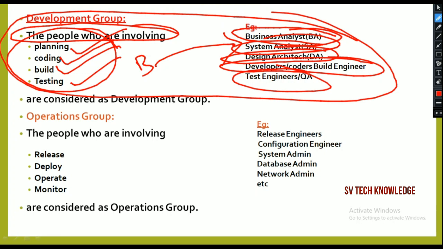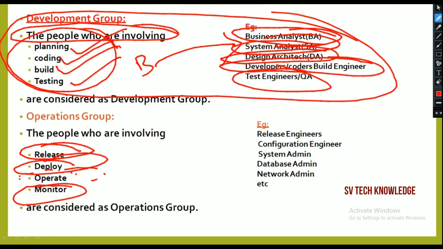If we come to the operations group, we have works like release management, deploy management, operations and maintenance, monitoring. After the project deployment, we have to monitor the web app or website continuously throughout the working period.